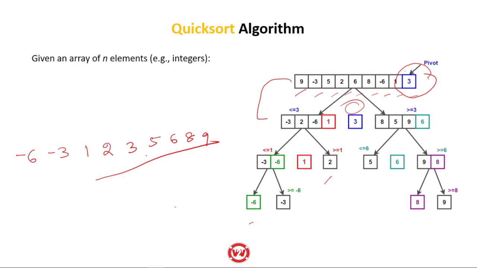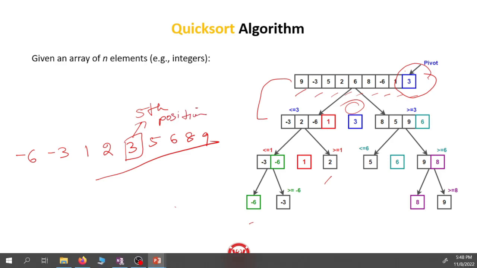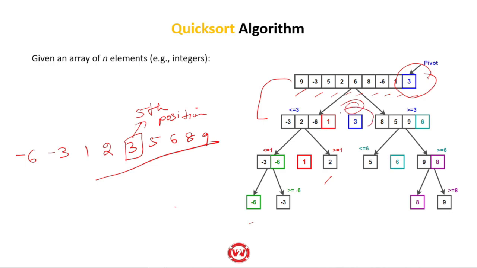This is going to be my sorted array. Now if I check, 3 is at the 5th position. So after doing the quicksort algorithm, I have fixed 3 at its correct position.